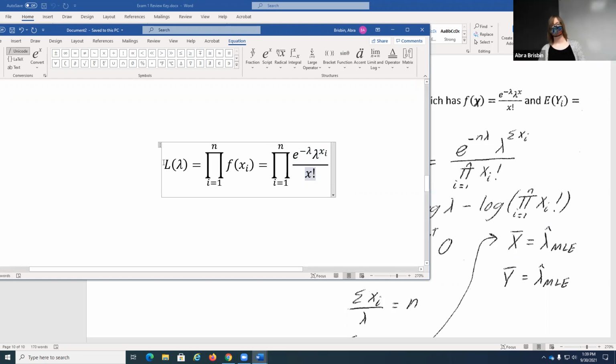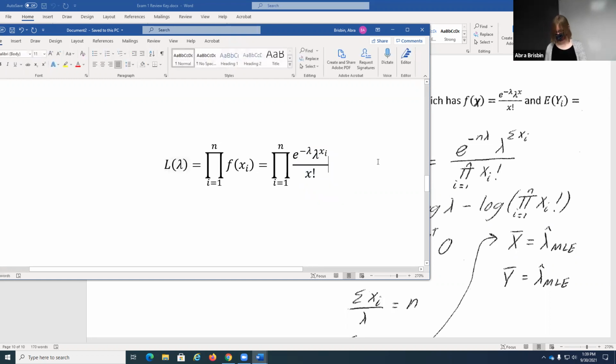And then we want to take the log of this. Oh, actually, before we take the log, let's simplify it some, get it somewhat out of the pi notation.